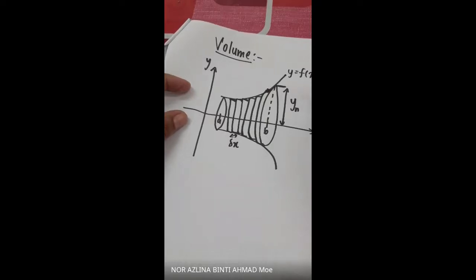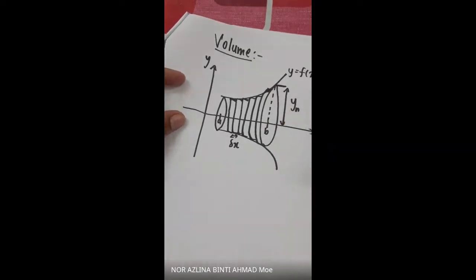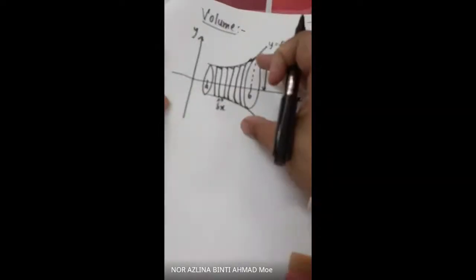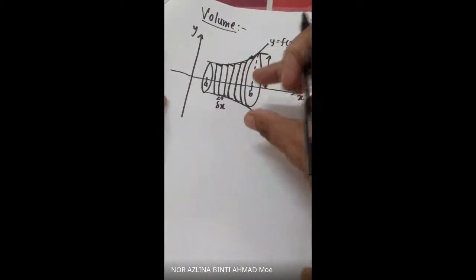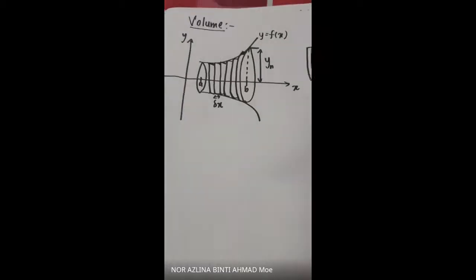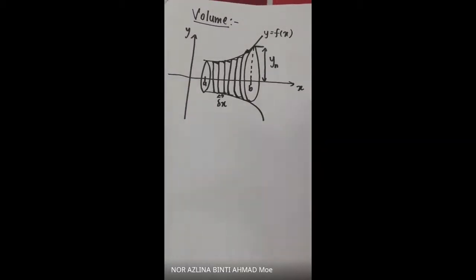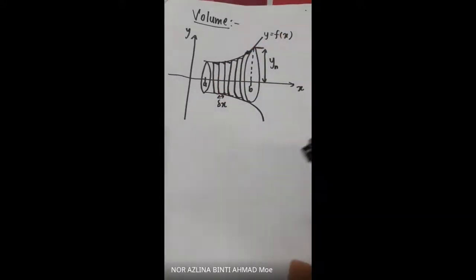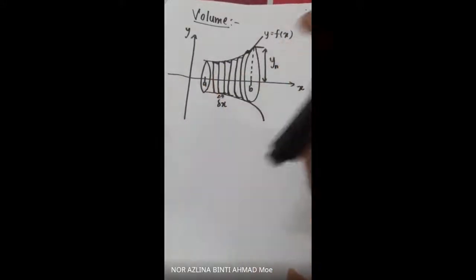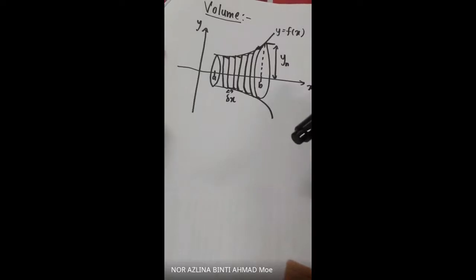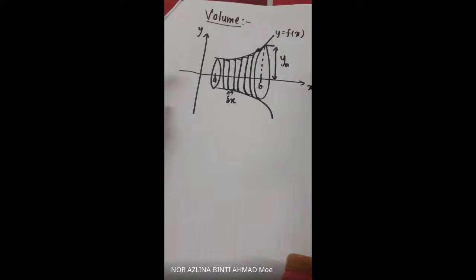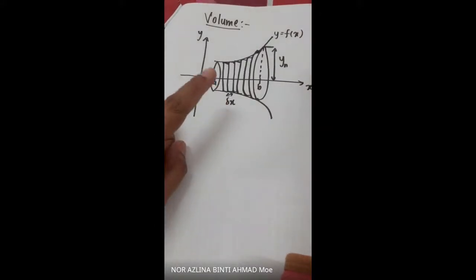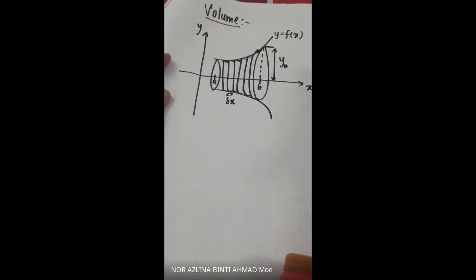Okay, setakat ni boleh faham tak gambar rajah yang saya lukis ni? Daripada satu bentuk yang besar, dia pecah menjadi beberapa silinder. Awak kena tahu region ini dia pecah menjadi silinder yang kecil, dan bilangan silinder ini n. Dia punya ketebalan dia delta x. So sekarang nak cari volume.